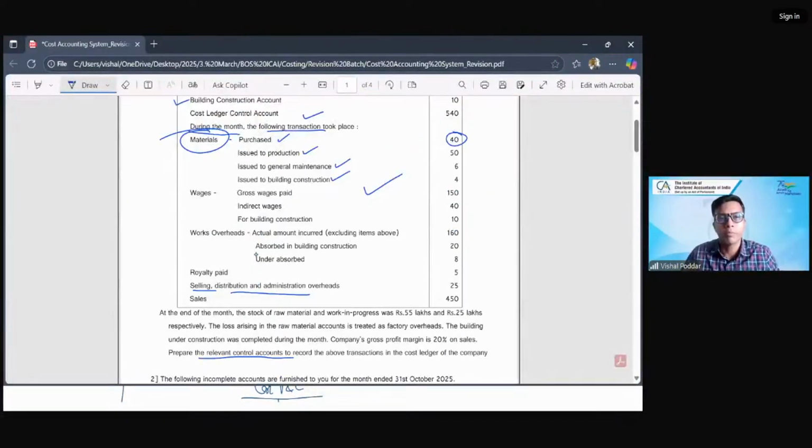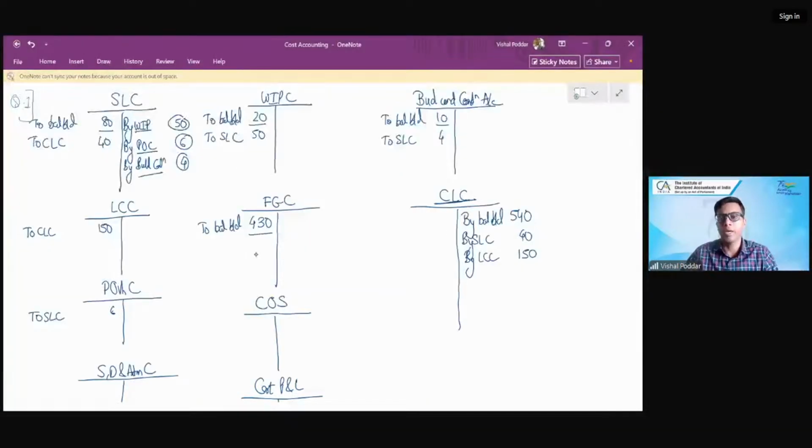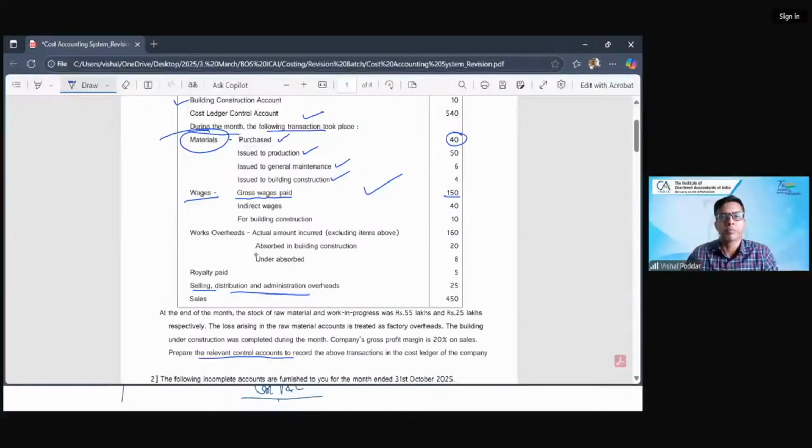Now we come to wages. First is your gross amount, which is paid or incurred, which is 150. So it is to CLC 150. Immediately the second effect, by LCC 150. LCC means labor. Now, out of this 150, they have given you a bifurcation that indirect wages is 40 and what is for building construction is 10.